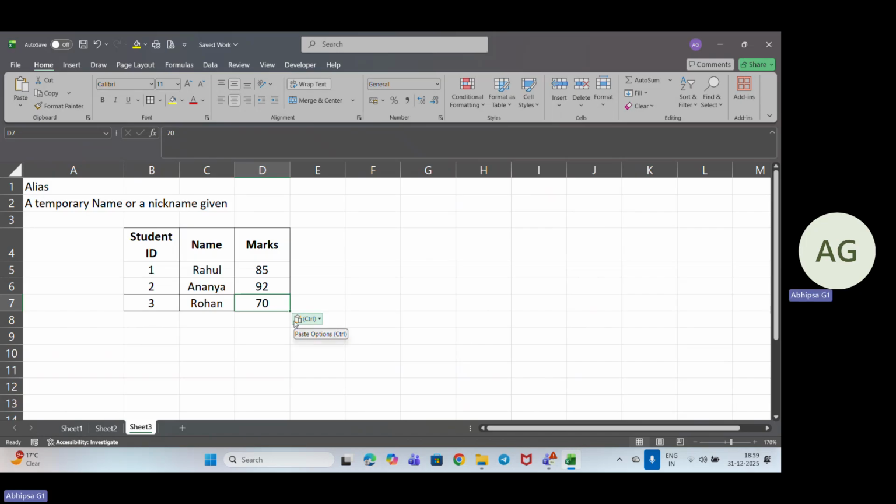Just a minute, guys. I guess my screen has frozen. Just a moment. Yeah, I am trying to operate it. It's not taking.